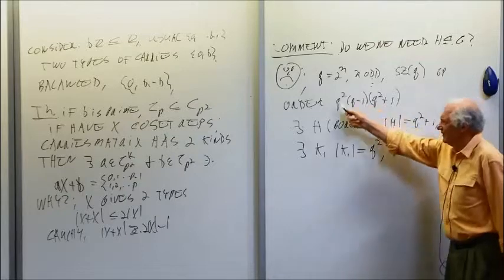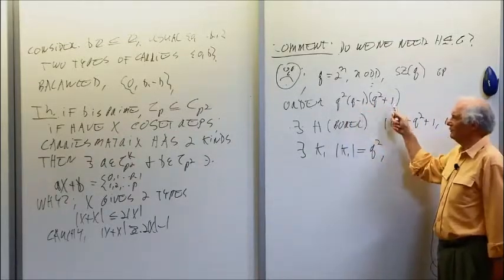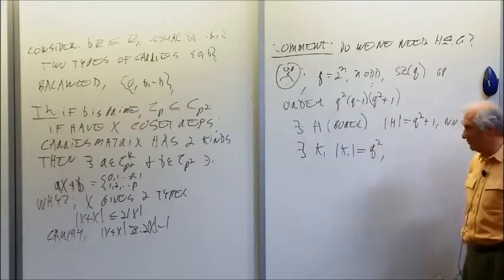And so this is a two-group, this is definitely not, and so the intersection between these two groups is trivial.